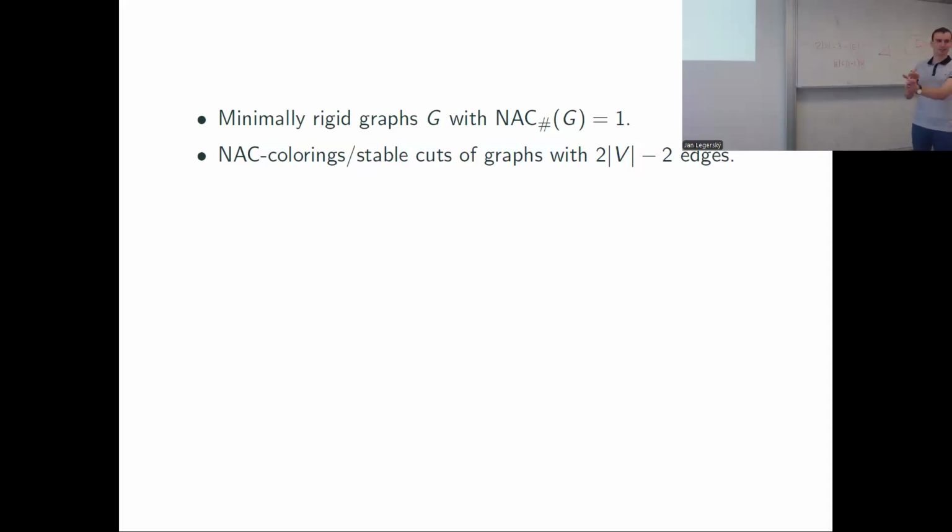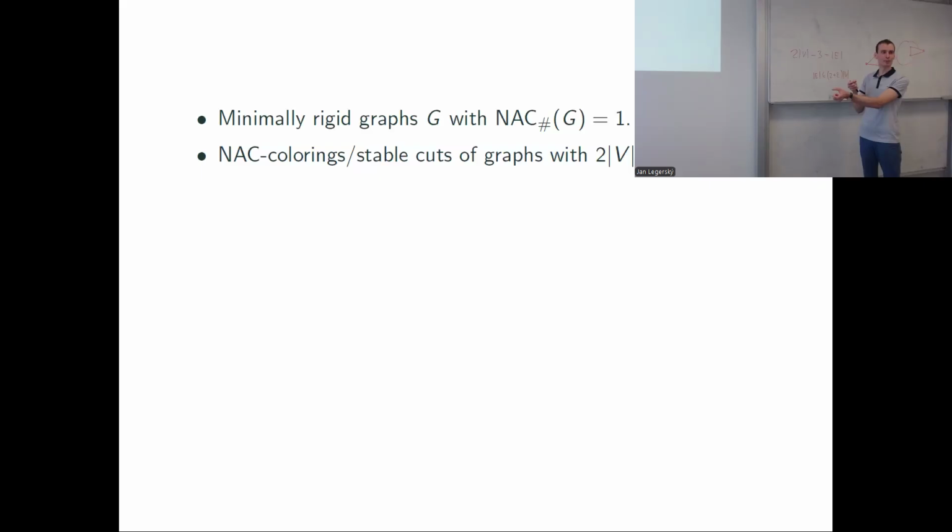So there's some small gap in between: for 2n minus 3, or like 2v minus 3, we know that it's polynomial. Here we know that it's NP complete, so minus 2, minus 1, 0, or some fixed plus constant is somehow what is not known in between.